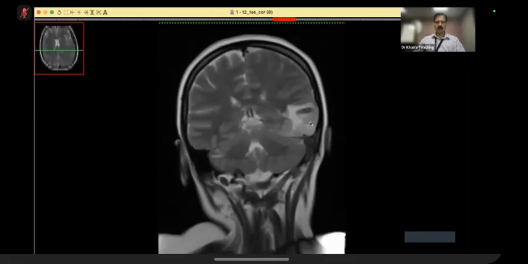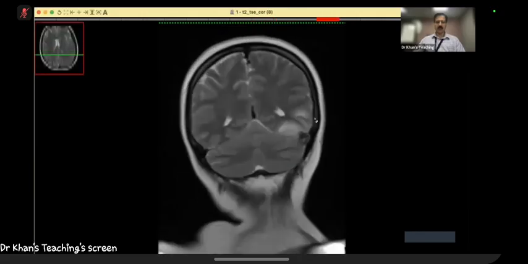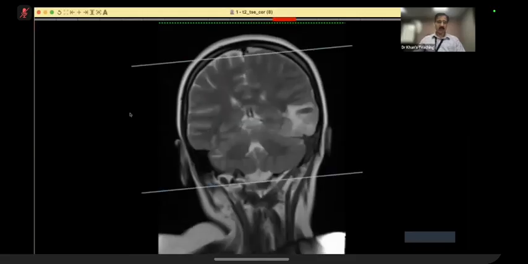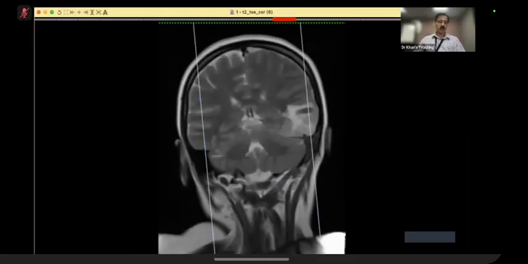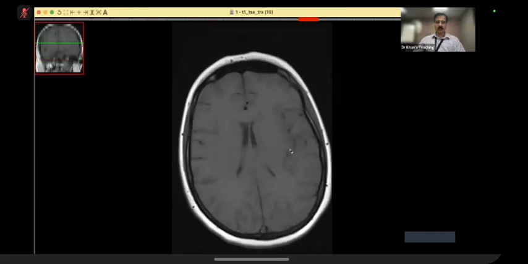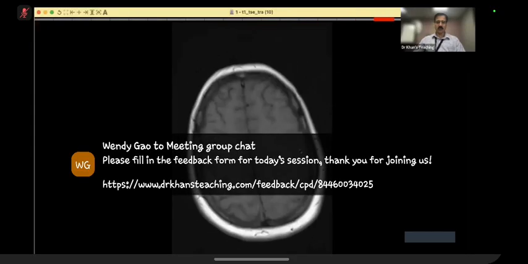Acute hemorrhage will be low signal on T2 weighted sequence. And because it was acute hemorrhage, it did not show high signal on the post-contrast sequence.